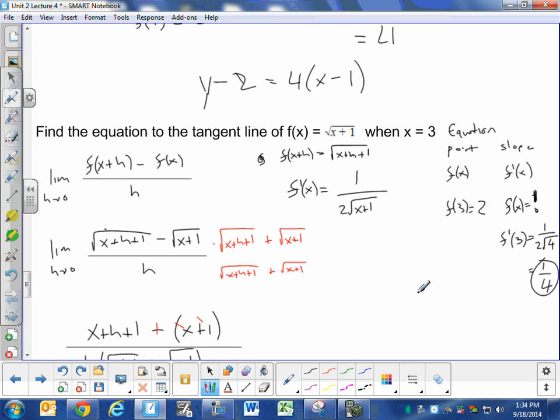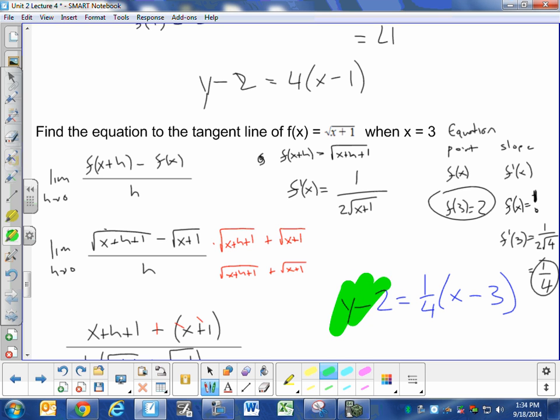There's my slope. Here's my point. This is an x. This is a y. I can develop my equation. y minus y1 equals my slope times x minus x1. Leave your answer just like this. It's perfectly okay.